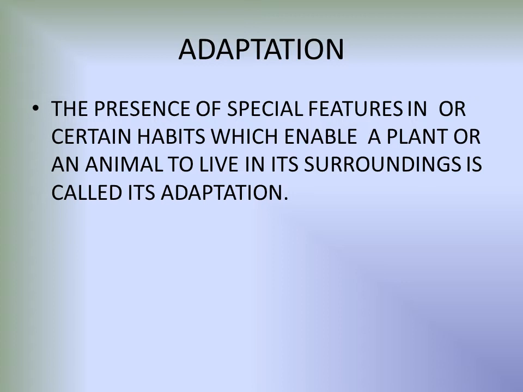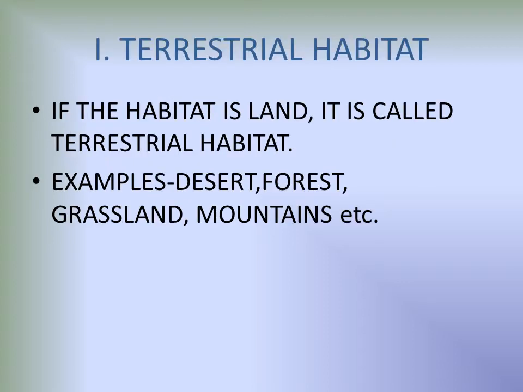Let's move forward. First of all, we have terrestrial habitat. Terrestrial means land, and those organisms that live and depend on land are called terrestrial habitat. We have desert habitat, forest habitat, grassland habitat, and mountain habitats.